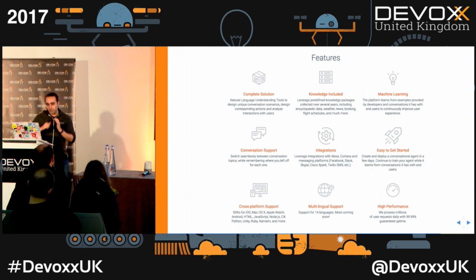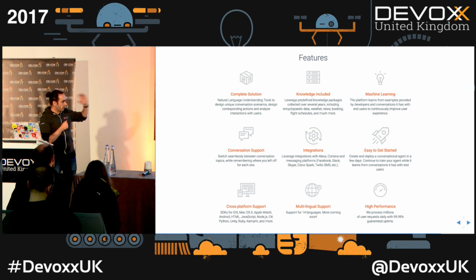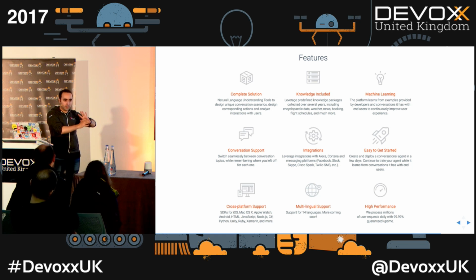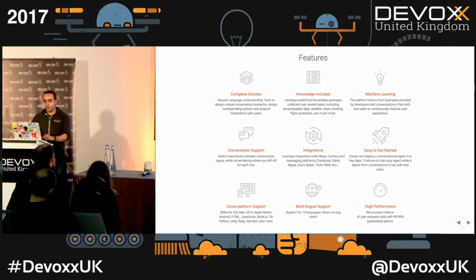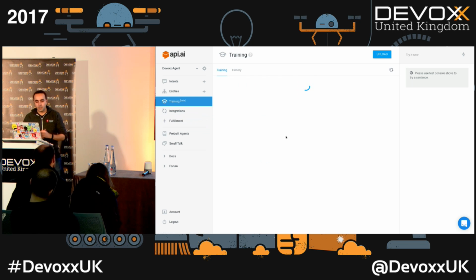The other good thing with API.AI is that you can use lots of languages. I developed mine using English, but you can use French or Spanish, whatever. It's also machine learning powered. This is really powerful. You have to provide a couple of sentences and then it trains the rest. This is the training section.